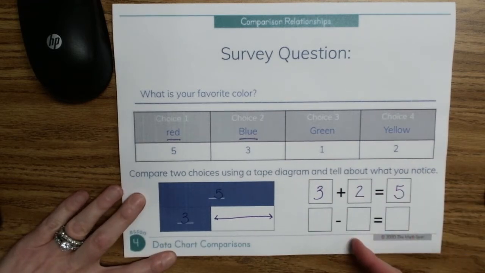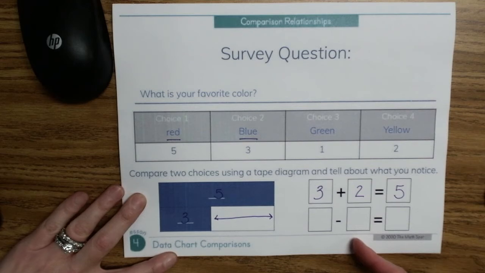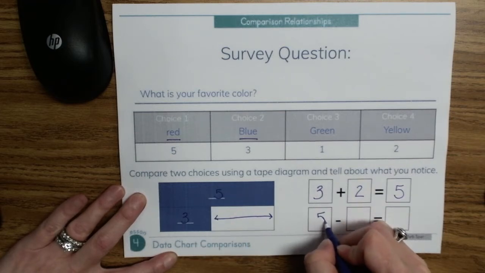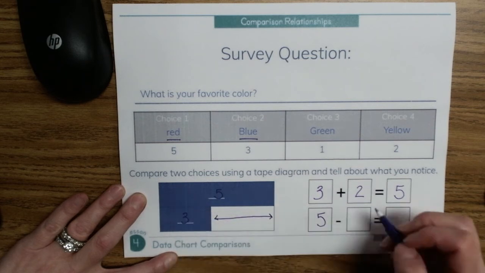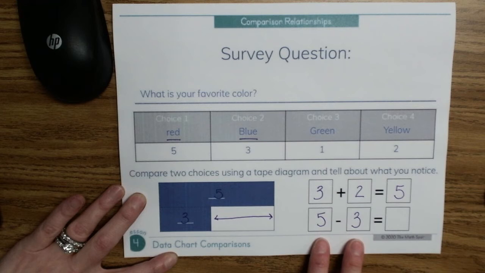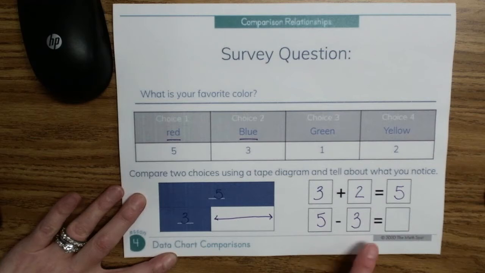Well, in a subtraction sentence, I would take the 2 totals that I have. So I know that red had 5 votes and blue had 3 votes. If I subtract them from each other, whatever is left tells me their difference. It tells me that missing amount.